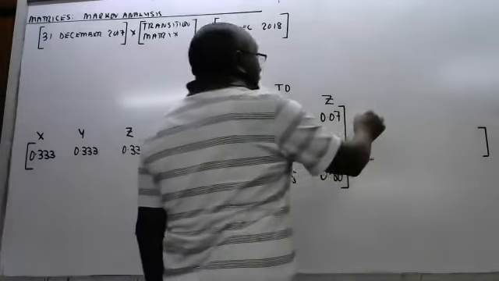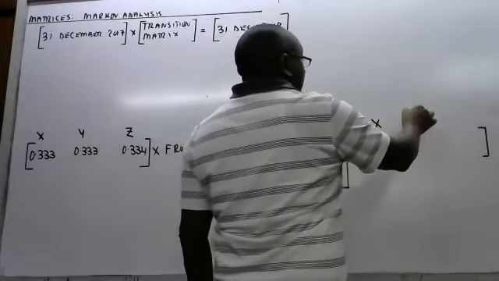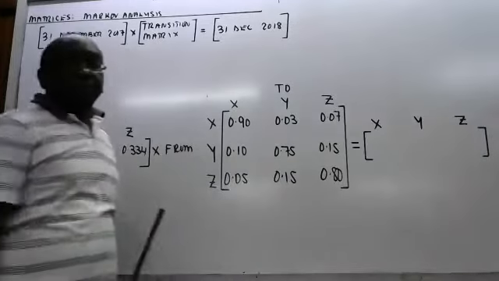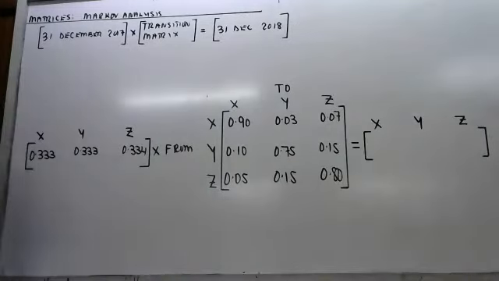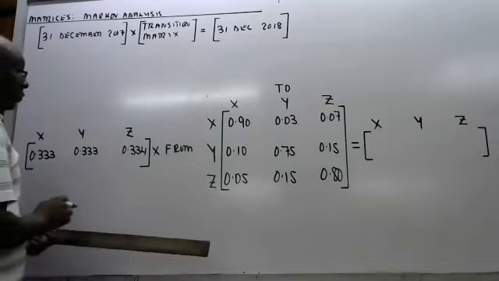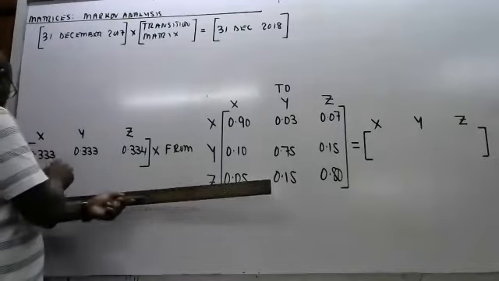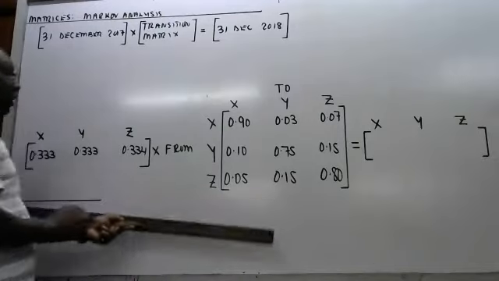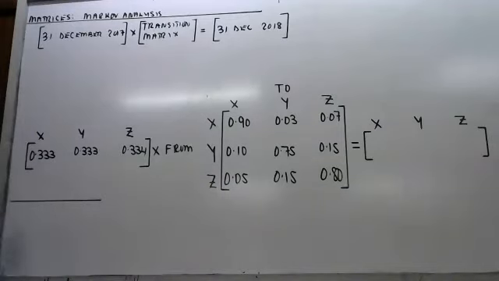So we are supposed now to get the value for X, for Y, and Z. So down there, let me show you the working for anyone who has forgotten how to multiply matrices.